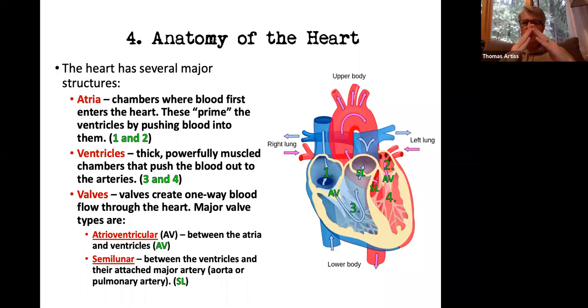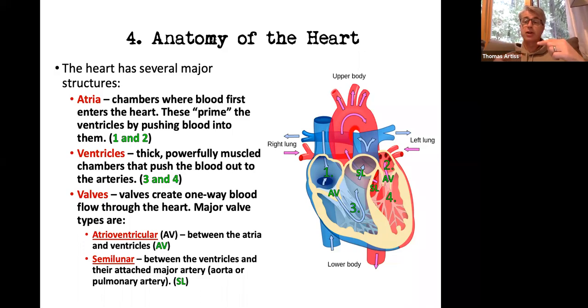So in this case, blood will push from the bottom into the chamber above. They'll open up, they'll allow blood flow, and then as soon as the chamber below has squeezed all the blood out, those valves snap back closed again. And that prevents blood from backflowing into the chamber from which it once came.